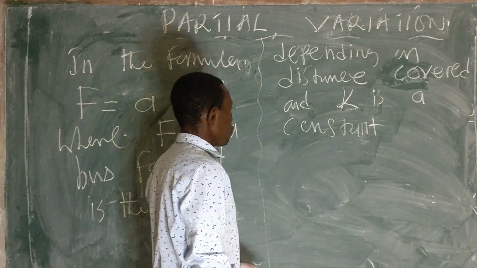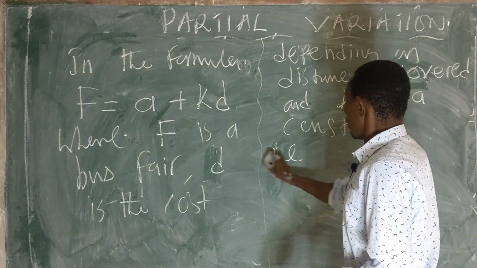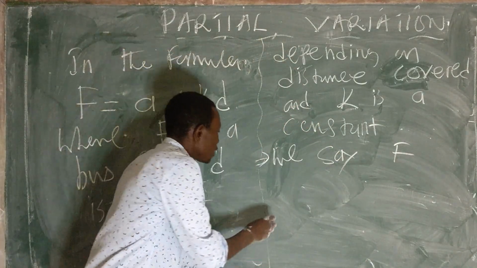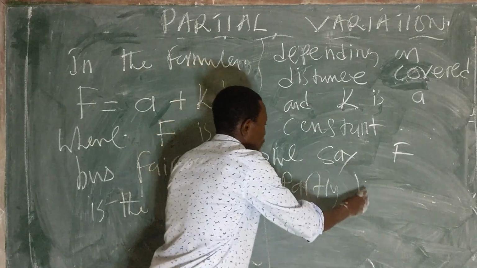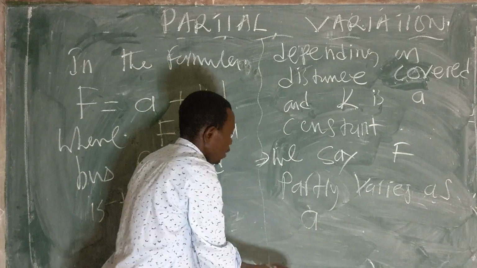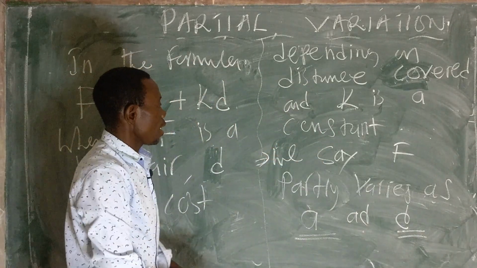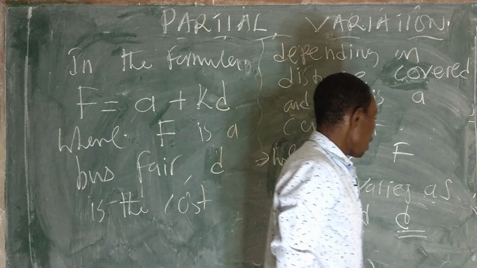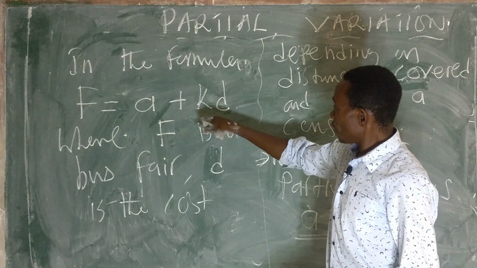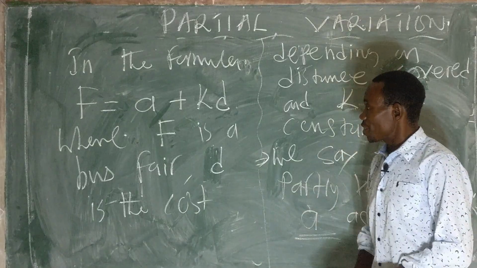Right. You'll be able to explain that we say F partially varies as A and D. To say F is coming from the sum of two parts, that is A and KD, while this other one is just like the value that depends on the distance that is being covered.